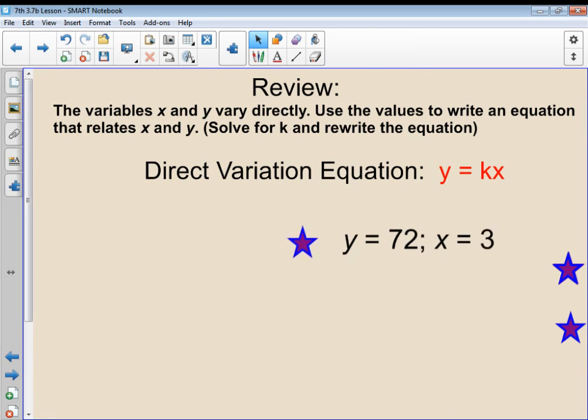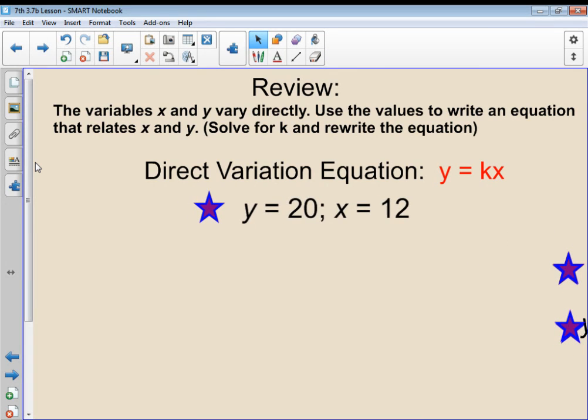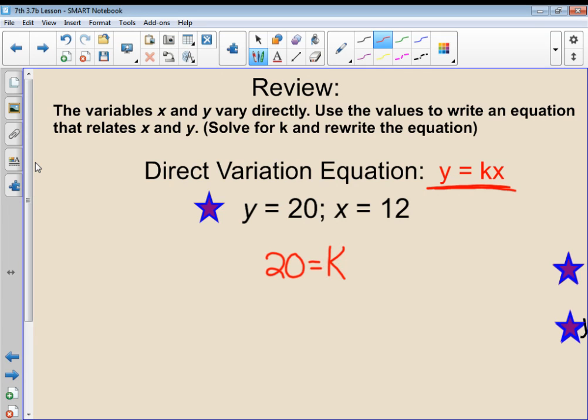Okay, so let's do another one of those. Substituting in again, we're using this equation. So y was 20 equals, we don't know our k, but we know that x is 12. We want to get k by itself, so we'll divide by 12.